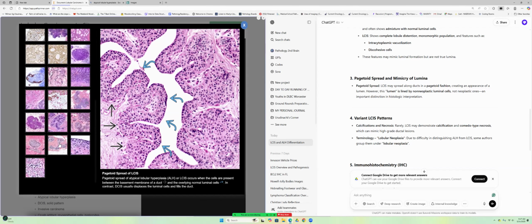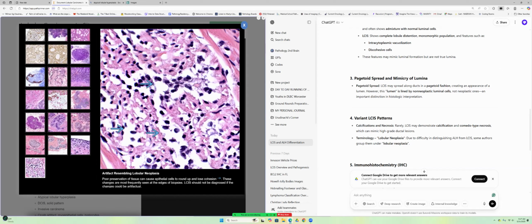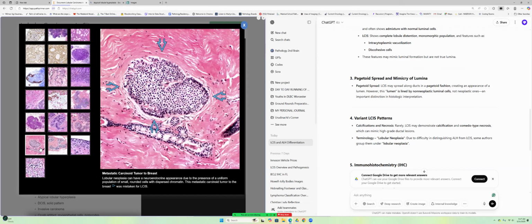It usually involves ducts, lines along the ducts. My challenge now is that the pagetoid type also lies along the ducts too. But that one is around the lobules.